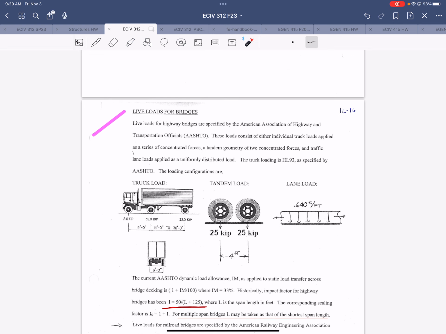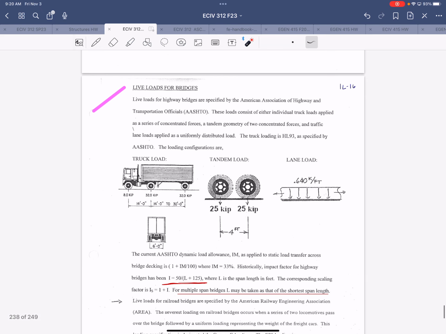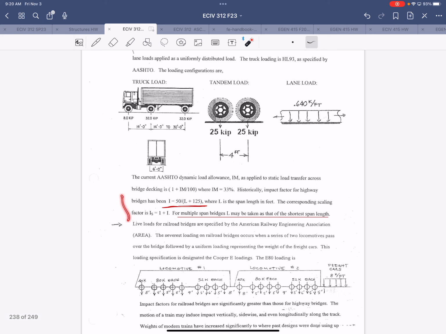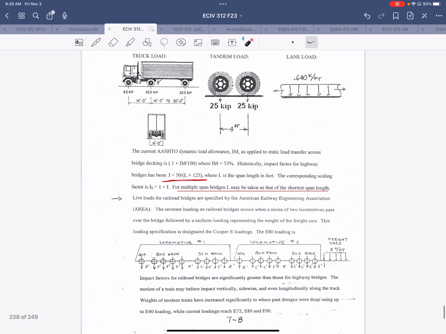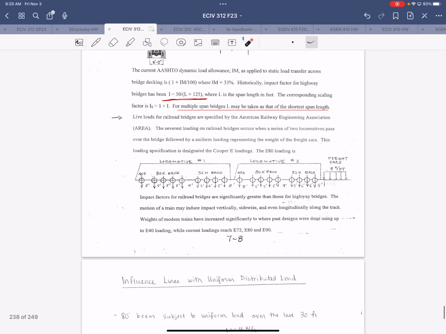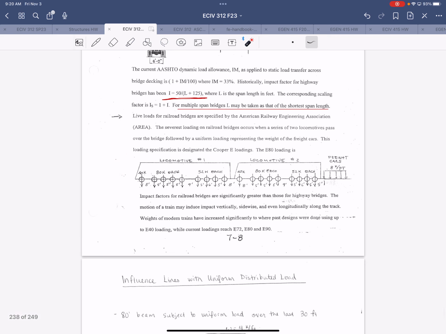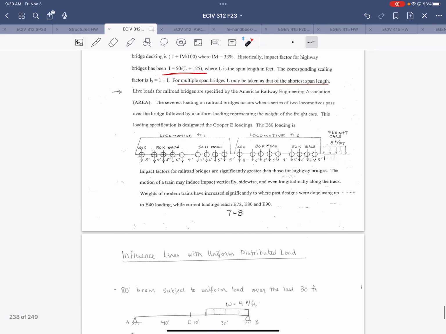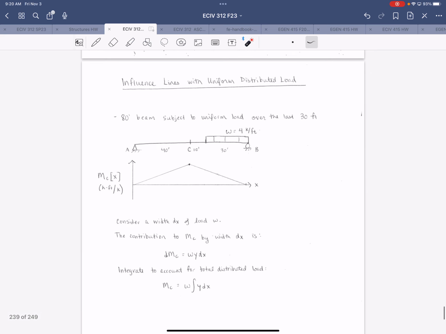A lane load defined by AASHTO would be 0.64 kips per foot. And then here it goes on to describe that impact factor, and then showing some railway loadings. So it's a little bit different for railways. And those 2 sections in the book will cover all of that information.